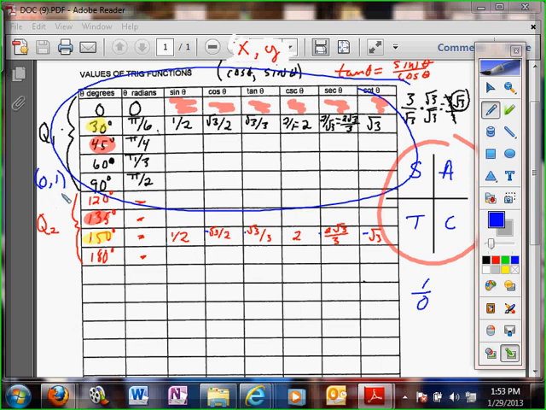Okay? That tells me right away that the sine of 90 degrees is going to be 1 because it's the y value. And the cosine of 90 degrees is going to be 0 because that's the x value of the ordered pair. Okay? And the tangent is going to be sine divided by cosine, which is going to be 1 divided by 0, which is undefined.